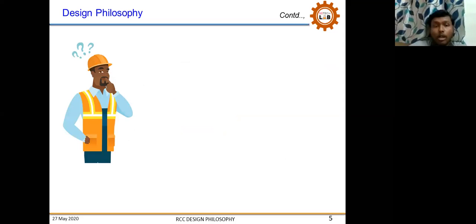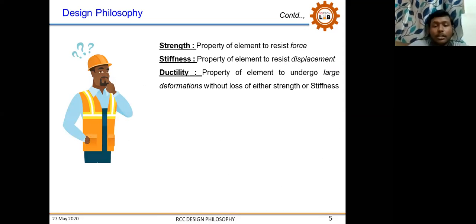So for design, what all is to be considered? There goes the question: what all to consider in design? Here comes strength, stiffness, and ductility. What is strength? Whatever element is able to resist the force acting on it, that is strength. Then what is stiffness?